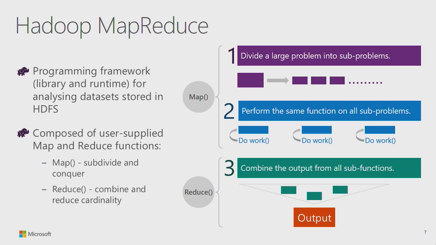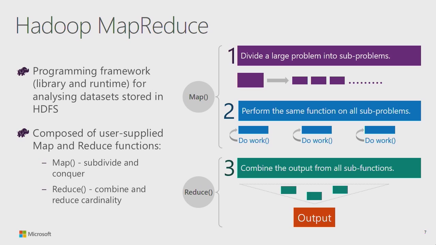What is MapReduce? MapReduce is a programming and runtime framework that allows you to analyze huge data sets in HDFS. It's designed to let you write applications that process vast amounts of data in parallel on a large cluster of compute nodes. These nodes are typically very off-the-shelf hardware.